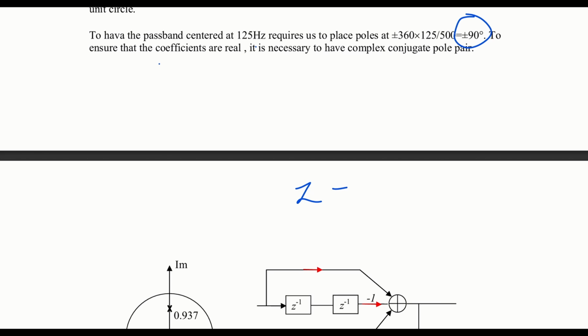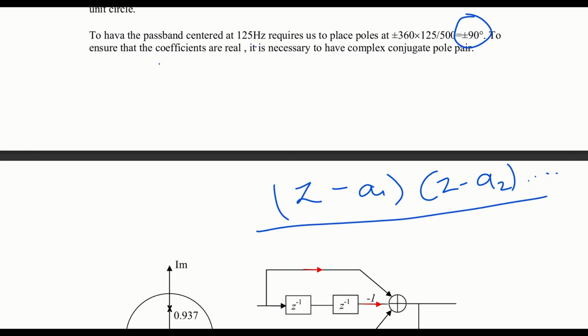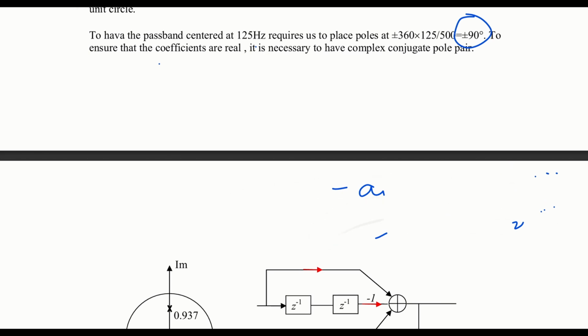So you have z minus a1 times z minus a2, all the way, multiples of zeros multiplying at the top, and you also have multiples of poles multiplying at the bottom. You've probably seen this formula before. So that's how we are going to represent this in terms of zeros and poles, right?